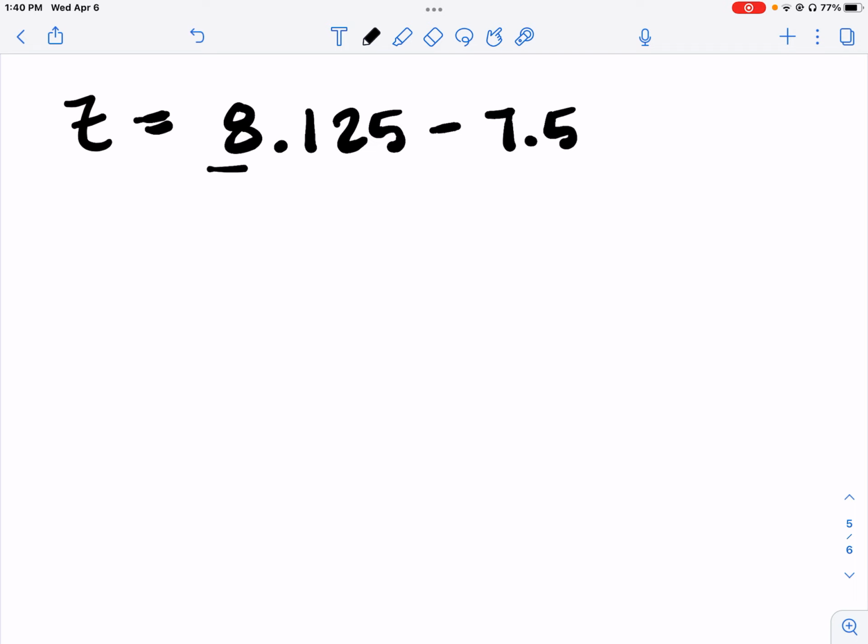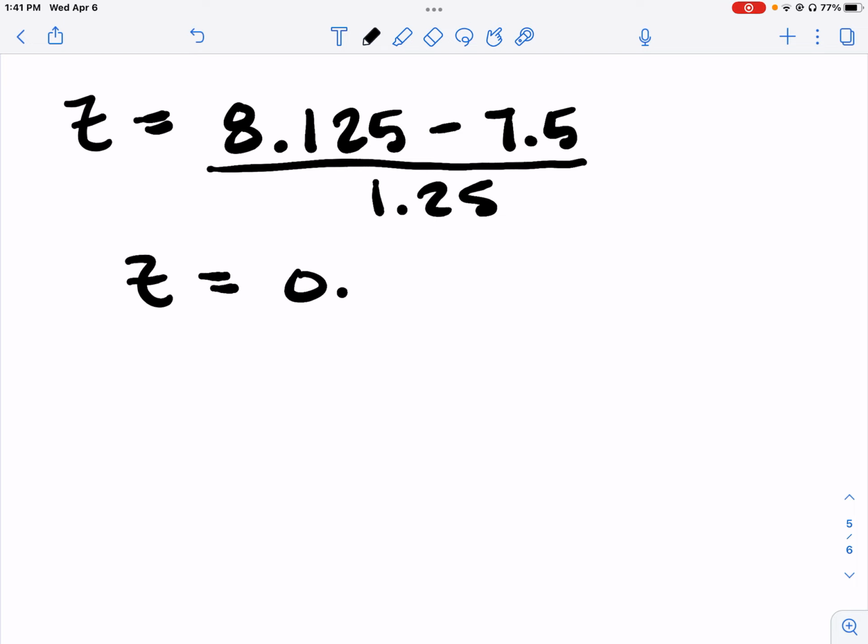Now my second z-score comes from the 8.125. So 8.125 minus 7.5, divide by the standard deviation. Okay, number minus mean. So that z-score is 0.5.